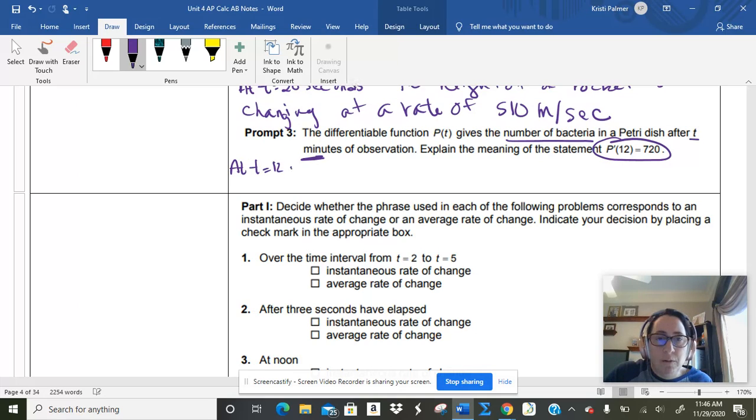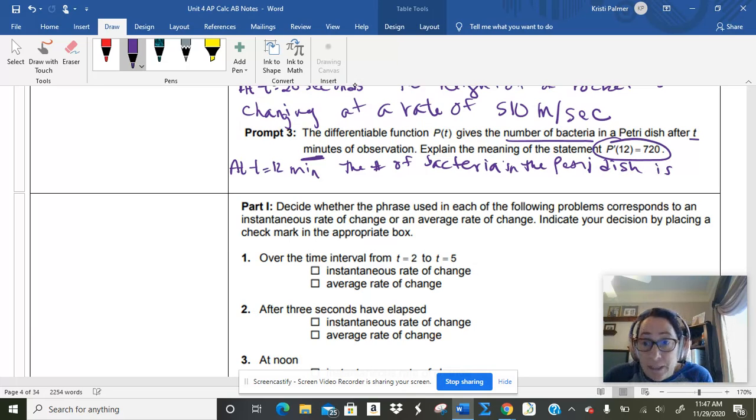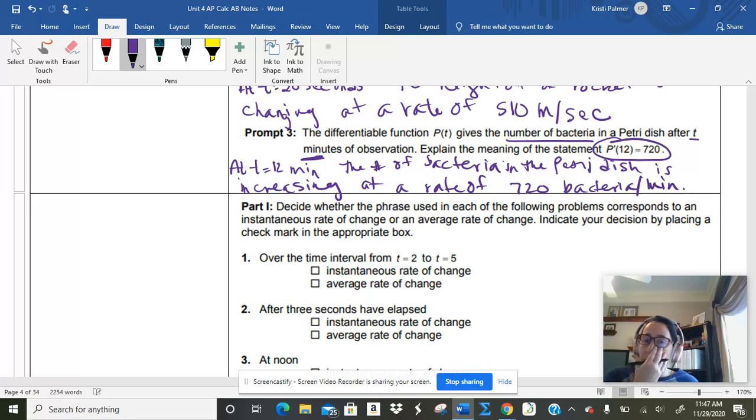So at t equals 12 minutes, the number of bacteria in the Petri dish is increasing at a rate of 720 bacteria per minute. So it's okay to use changing, or it's okay to use increasing and decreasing.